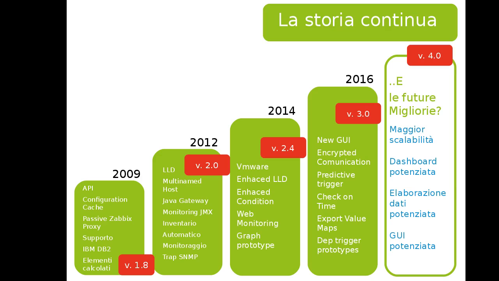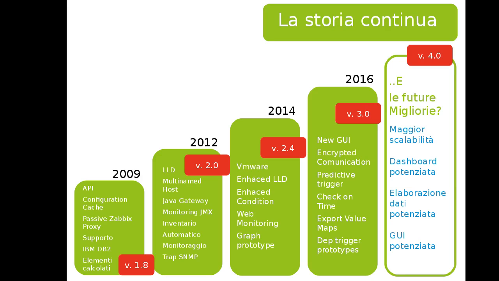Not so much time passed from 1.8, and we could find 2.4, the best release, maybe because it's the most enterprise release born during the life of Zabbix, because we could find VMware monitoring, advanced low-level discovery, the concept of web scenario monitoring, so a lot of new features that the enterprise asked for at that time.